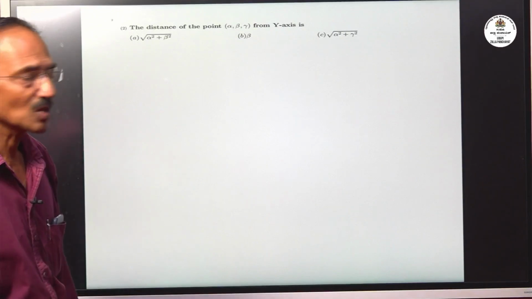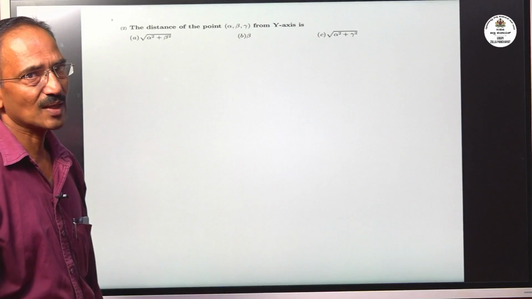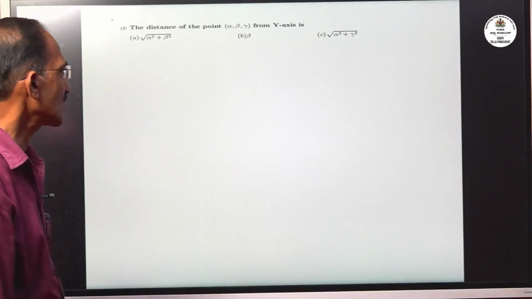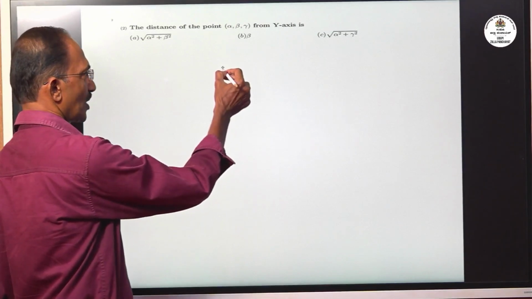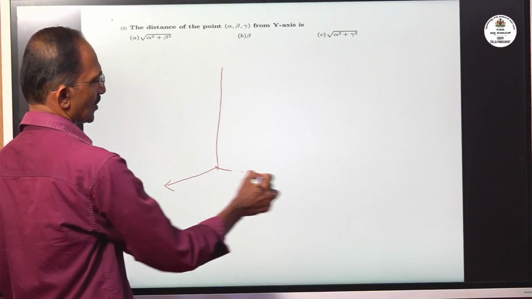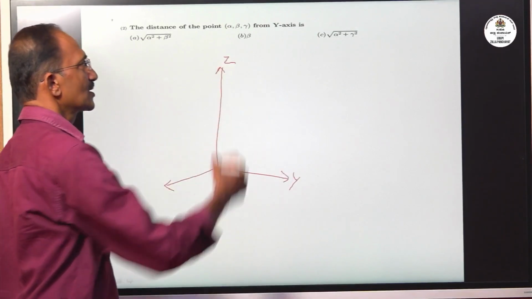So question number 2: the distance of the point alpha beta gamma from the y-axis. This is also similar to the previous one. So let us have the x-axis, y-axis and z-axis.